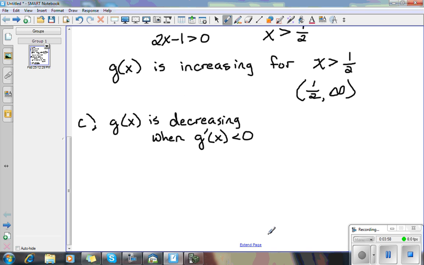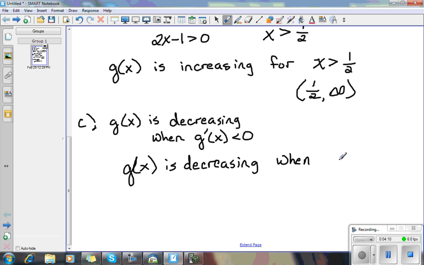So that's going to be g of x is decreasing when x is less than 1/2, or we could say negative infinity to 1/2. And that's what they were asking us to do.